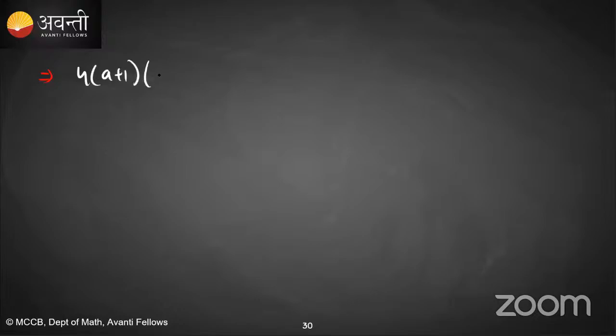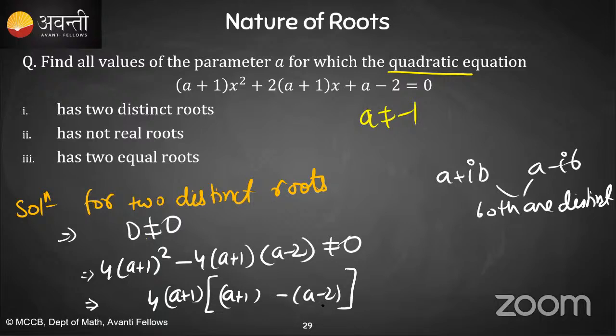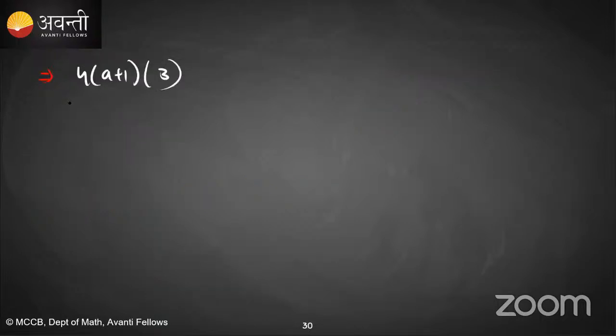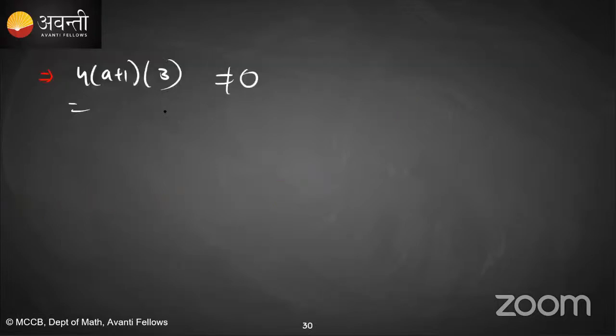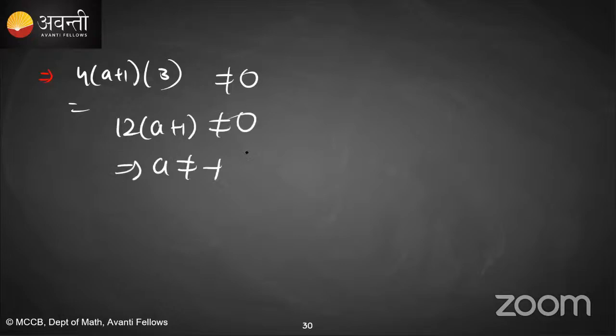Then a plus 1 minus (a minus 2), which is 3. So this should be non-zero. It means 12 into (a plus 1) should be non-zero. It implies a should not be equal to minus 1, right?